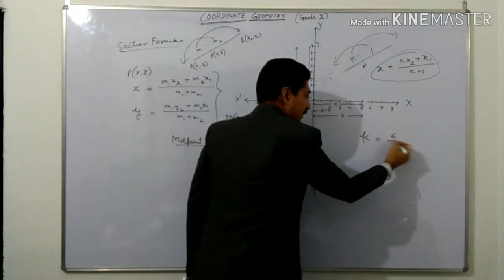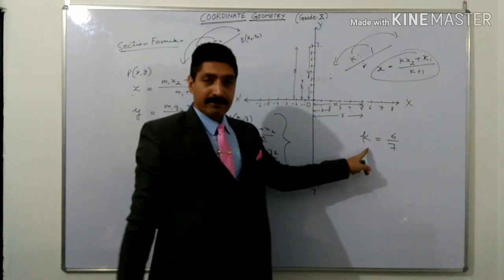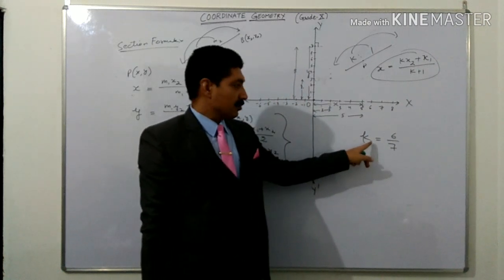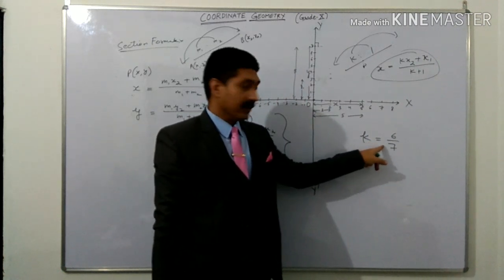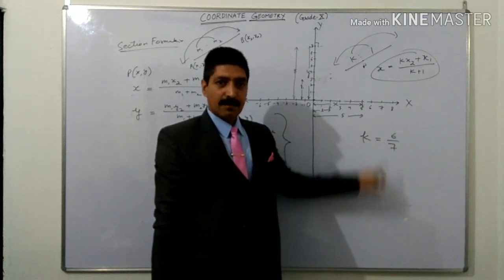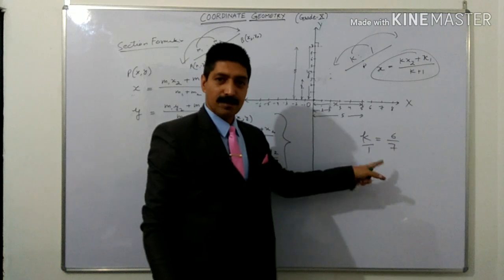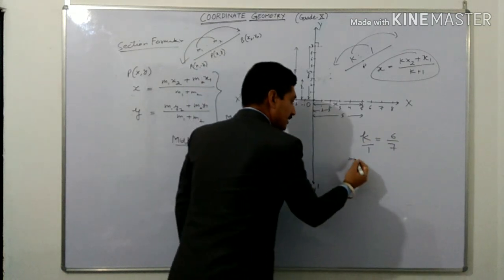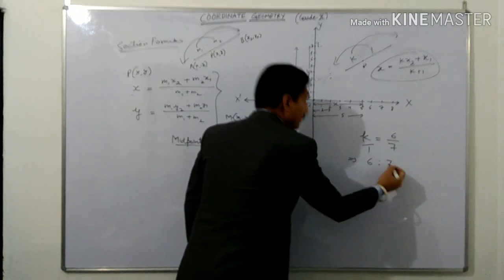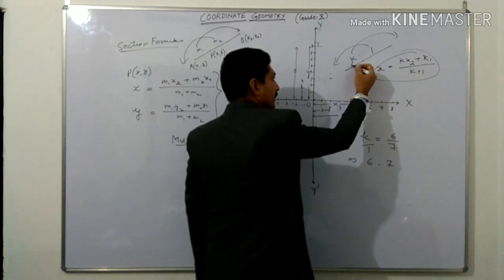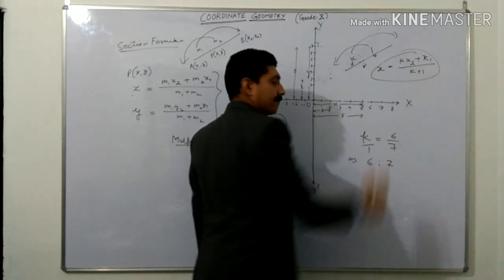Suppose a question comes and we are solving with the help of k, and our answer is k equal to 6 upon 7. So k upon 1 is equal to 6 upon 7. This implies that the ratio is 6 ratio 7.